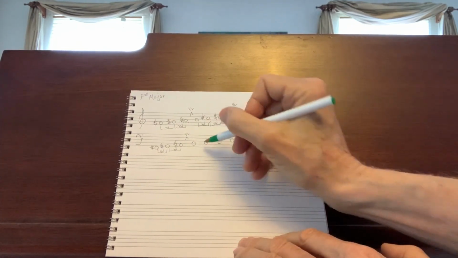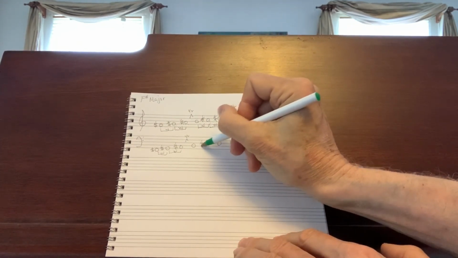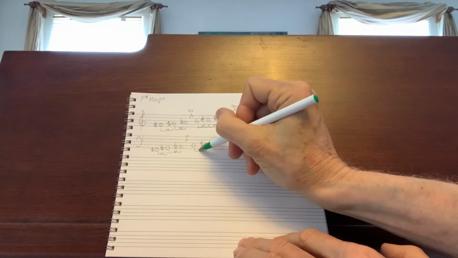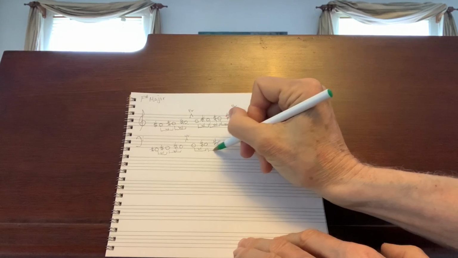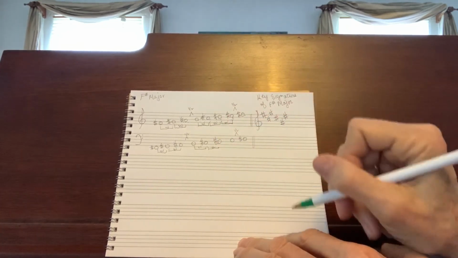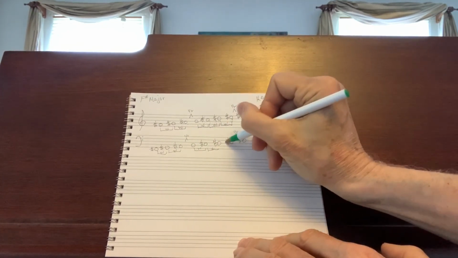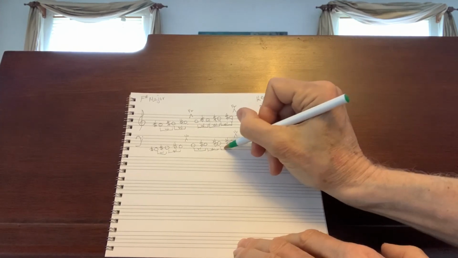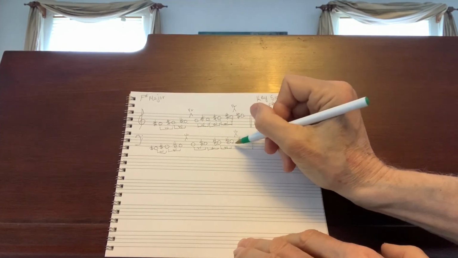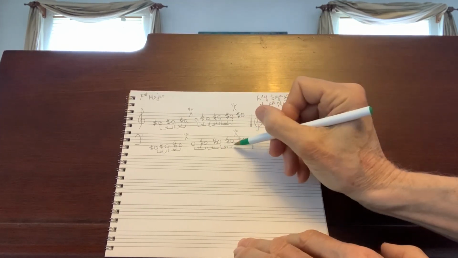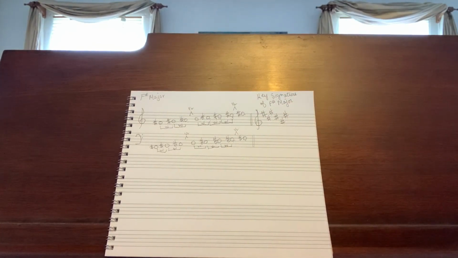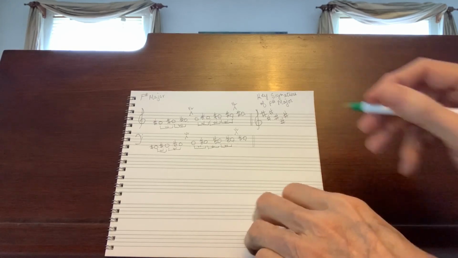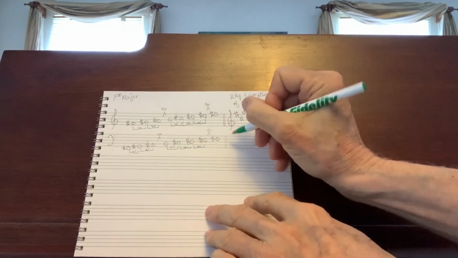B to C is a half step. I need a whole step. C sharp to D is a half step. I need a whole. D sharp to E is a half step. I need a whole. And as explained above, E sharp, which really looks like an F, going up to an F sharp is a half step.